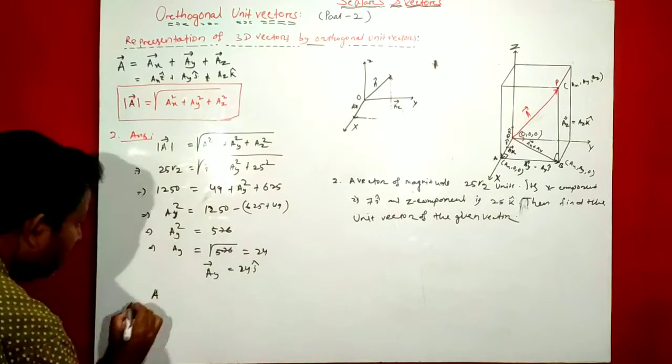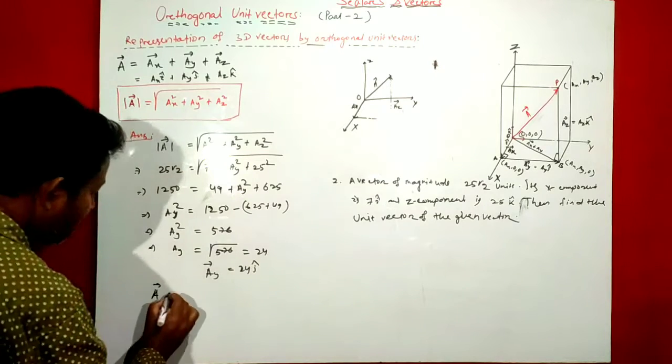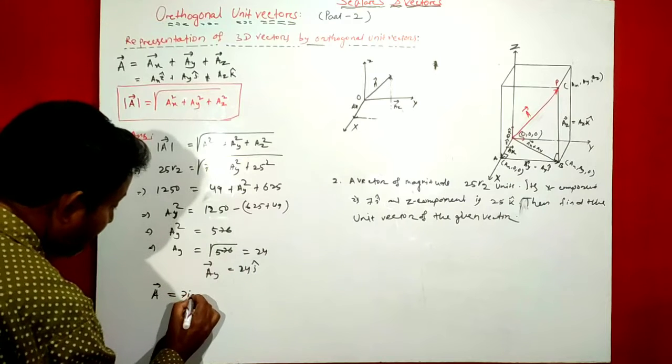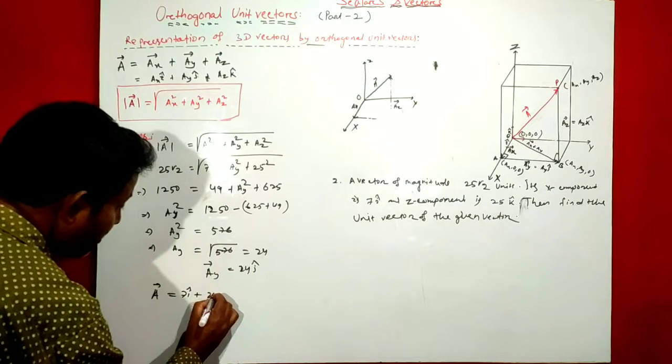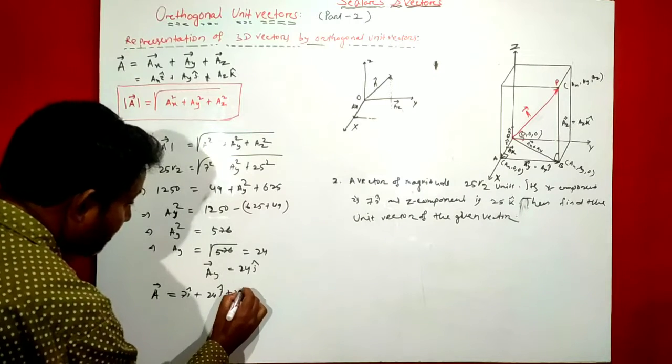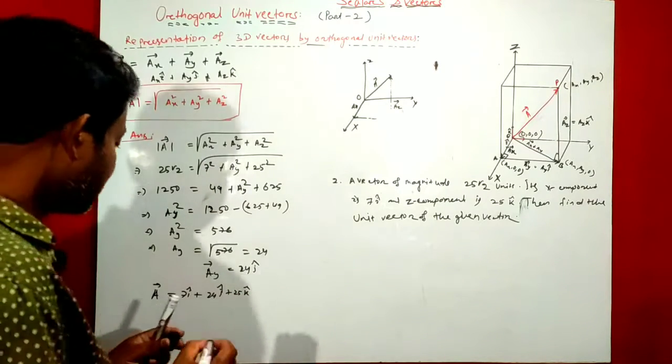So vector A is equal to 7 i cap plus 24 j cap plus 25 k cap.